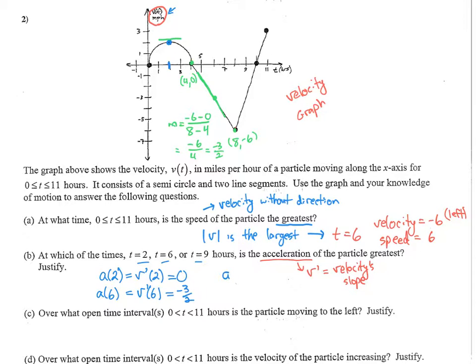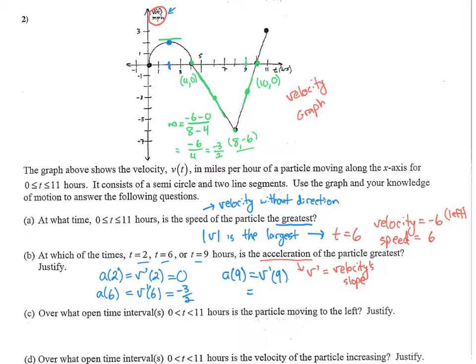And let's look at the last acceleration, the acceleration at 9 hours. So the acceleration at 9 hours is again the slope of the velocity at t equals 9. And then what we're going to do is go ahead and look at that particular spot on the graph. So t equals 9 is right there. And then we're looking for that slope. So this slope looks like it connects the points 8, -6, and this point right there, which is 10, 0.